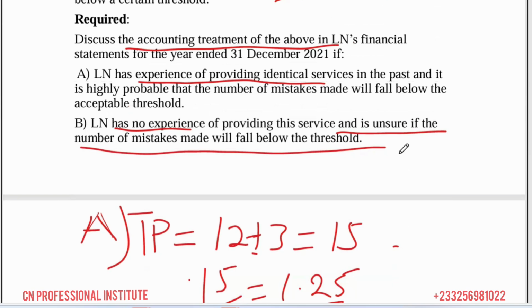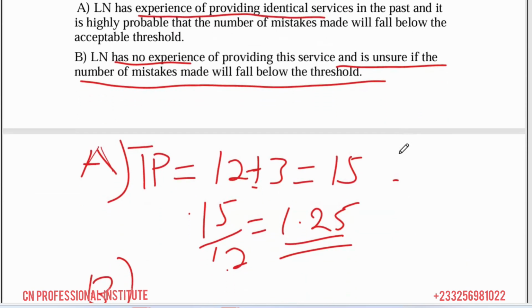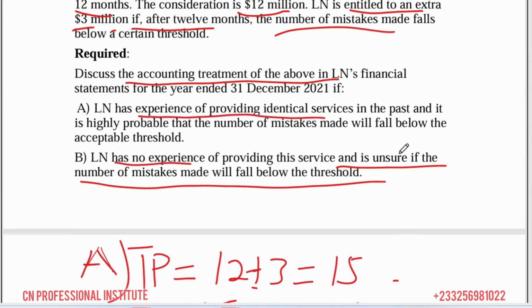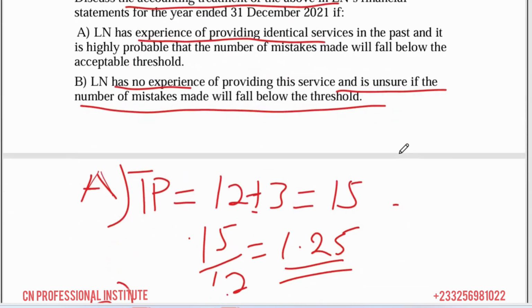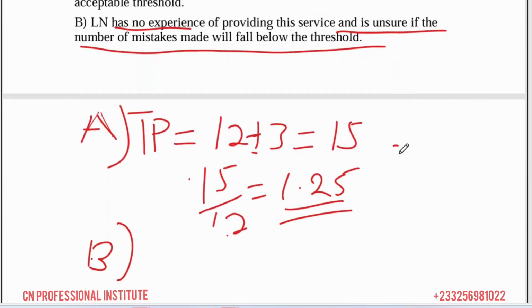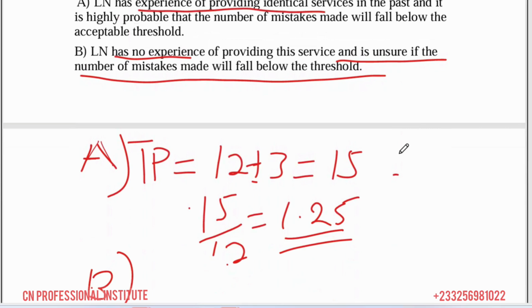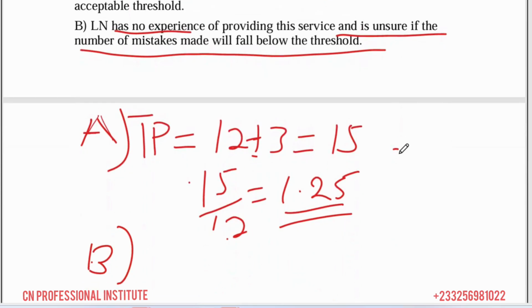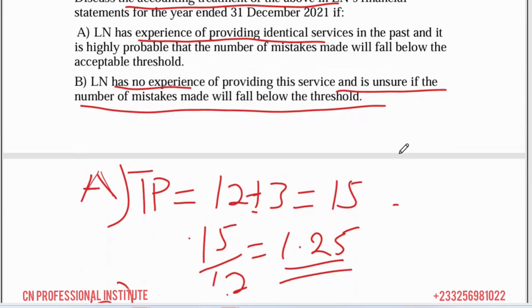And therefore, they cannot record the 3 million as variable consideration, because it's not probable that if they record the revenue, they will not go back to reverse. Are you following?